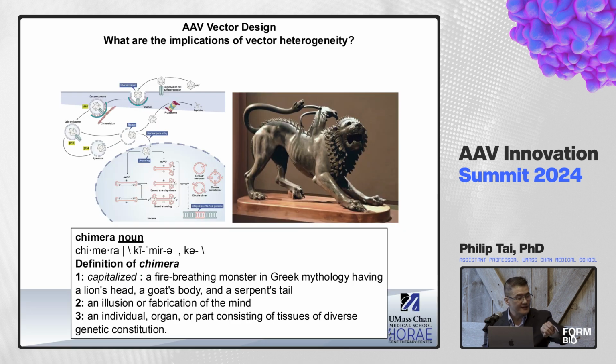And so I wanted to end with this slide because I like the idea of the definition of a chimeric. In Greek mythology, it's a fire-breathing monster with a head of a lion, a goat's body, and a serpent's tail. But the other definition is illusion or fabrication of the mind. And so when we first started describing these chimerics, people said, "Oh, these are artifacts.